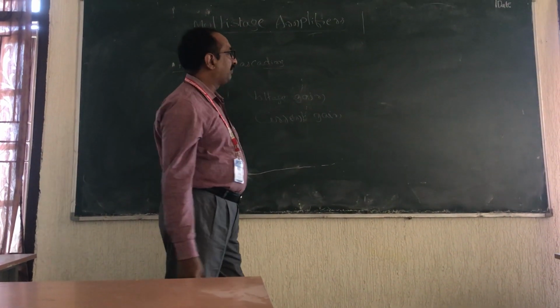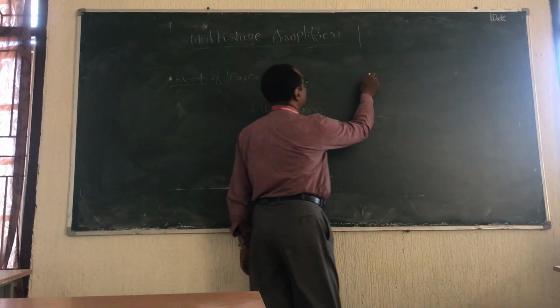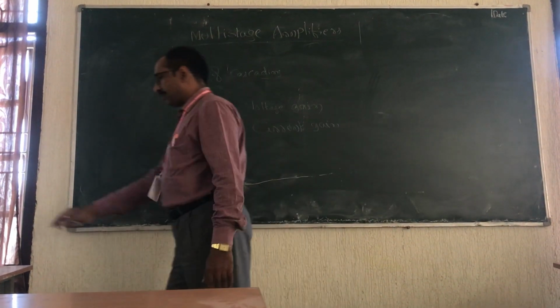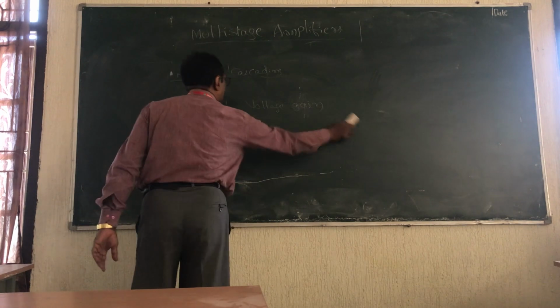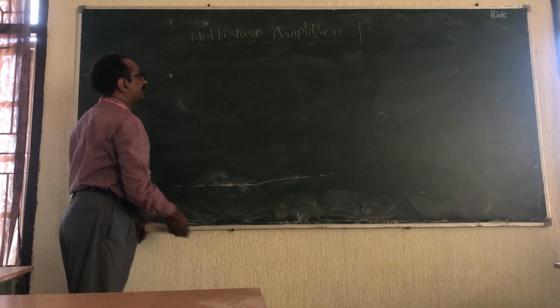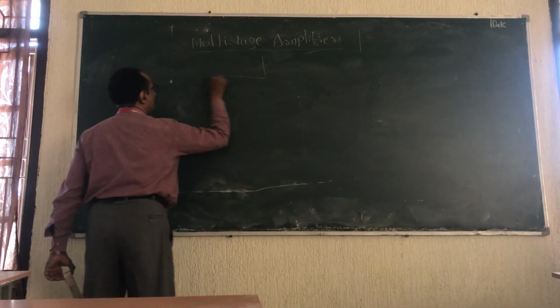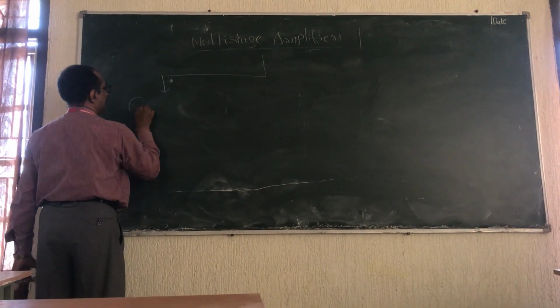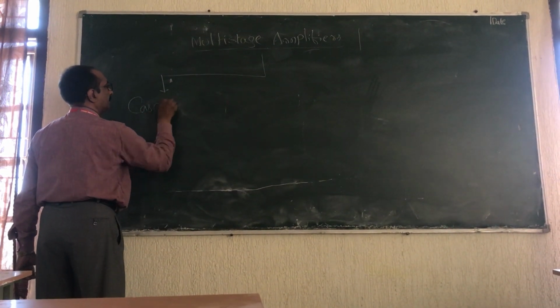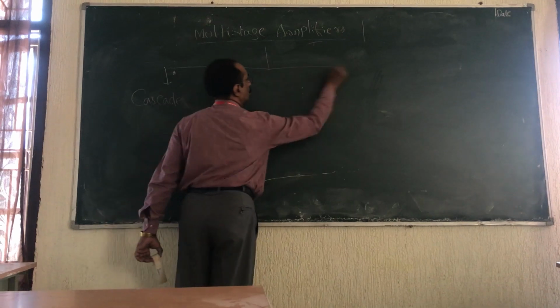So multi-stage amplifiers we are having two types. These multi-stage amplifiers can be considered as cascade amplifiers and cascode amplifiers. Cascade and cascode.